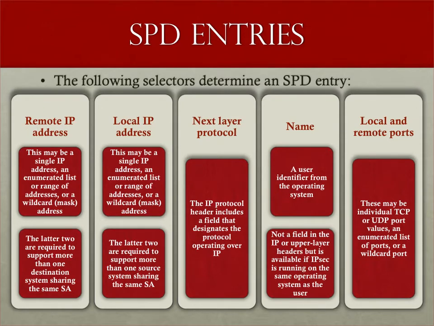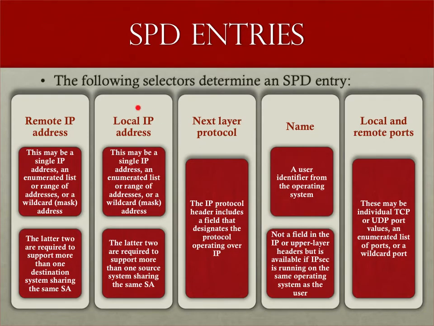So any traffic that goes to this particular remote IP address will follow certain behavior, whether this behavior is bypass, discard or protect. And this remote IP address can be defined as either a single IP, multiple, or a wildcard. If I put a star or asterisk, it means any remote host, any remote IP.